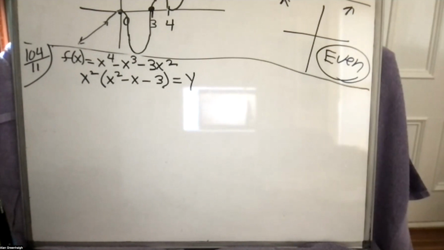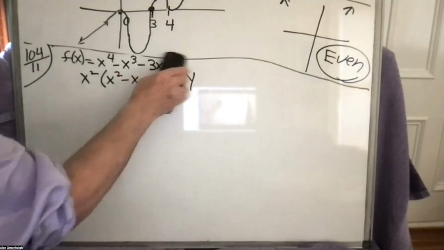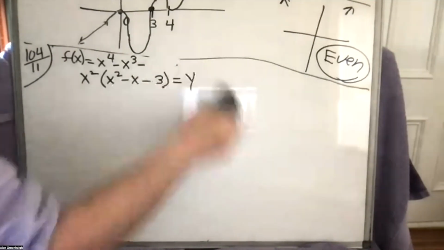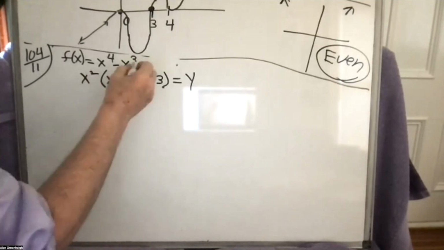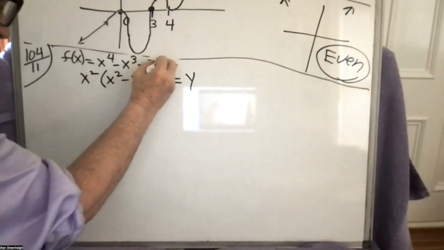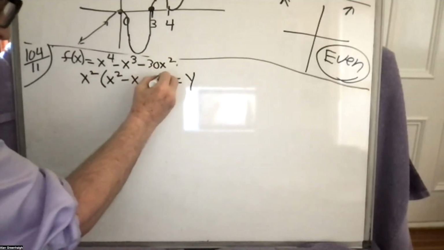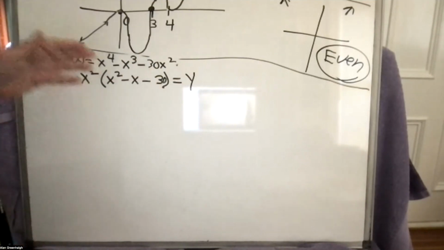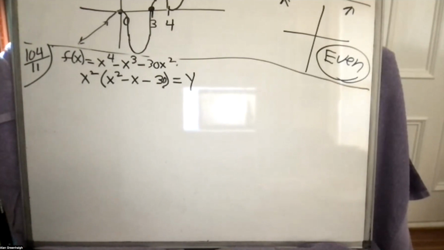What did I do wrong? Oh, it's not 3x squared. Why didn't somebody stop me? It's 30. That makes a big difference, ladies and gentlemen. 30x squared, and therefore this number is 30. Okay, now it makes a lot more sense.